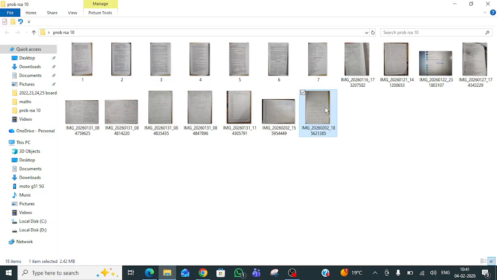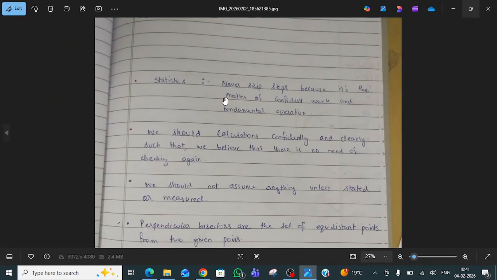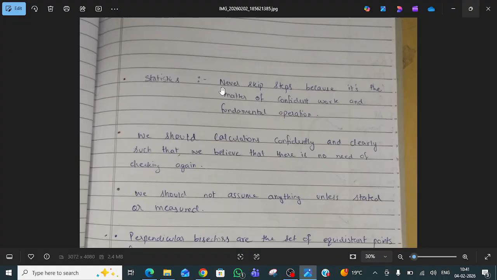So in statistics, see here, this is very important. It's the summary. Never skip the steps, because it's a matter of confident work and fundamental operation. We have to follow this.